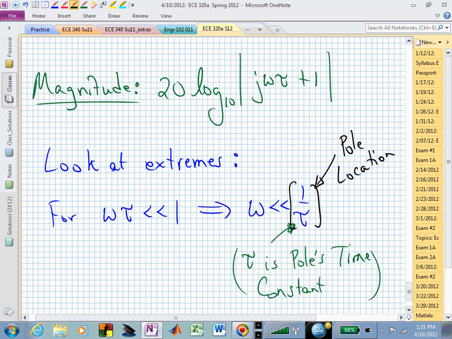So if somebody said, oh, you have a pole at 2, then you know for quite a bit less than 2, we're going to be looking at 20 log of whatever that approximates to be. So let's do that.